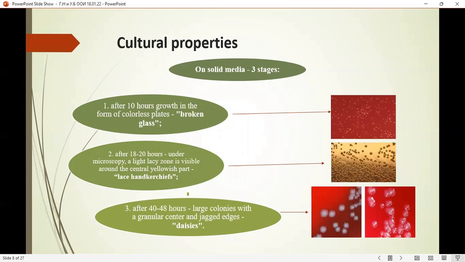In the English literature, the colonies are described as hammered copper, which when aged take on the appearance of fried eggs. After 48 hours of cultivation, large colonies are formed with a granular center and jagged edges, which resemble daisies.